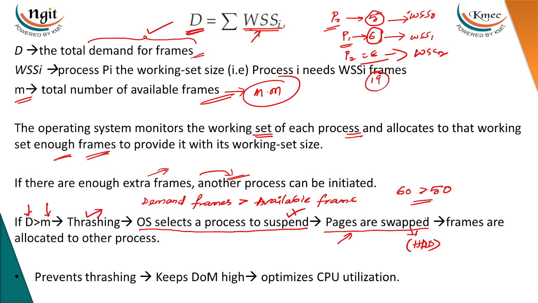Once the pages are swapped out, the frames will be free. These frames will be allocated to other processes currently residing in the main memory. This way the working set model prevents thrashing.